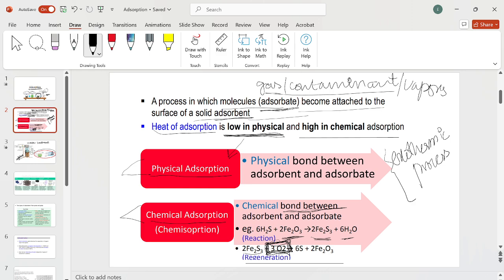After the reaction, after the chemical bonding, we are getting Fe2O3, Fe2S3 and H2O, the water molecule. Here it is mentioned that heat of adsorption is low in physical adsorption and high in chemical adsorption.